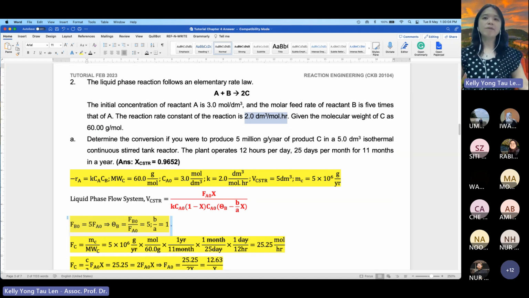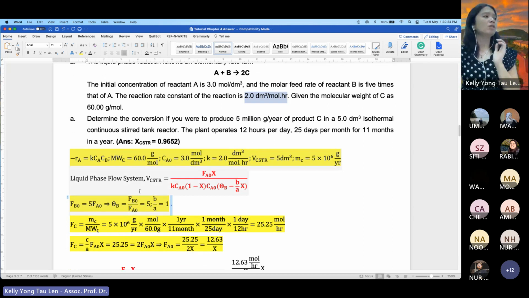So means my aim is to change from gram per year, MC gram per year kepada mole per hour. So kamu pelajaran CPP kan, kamu kena tahu permulaan apa yang kamu, unit yang kamu ada dan perakhirannya unit apa yang kamu nak. So saya nak tukar daripada gram per year kepada mole per hour. Means saya kena convert gram kepada mole dan year kepada hour. Okay, so I have to do one by one.